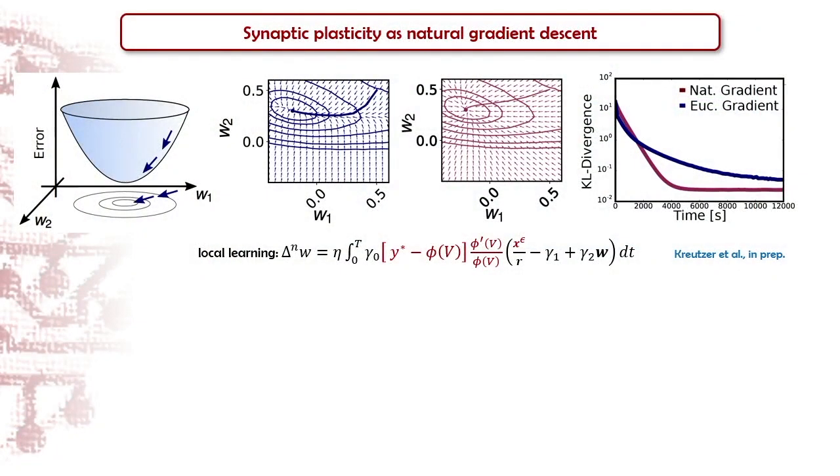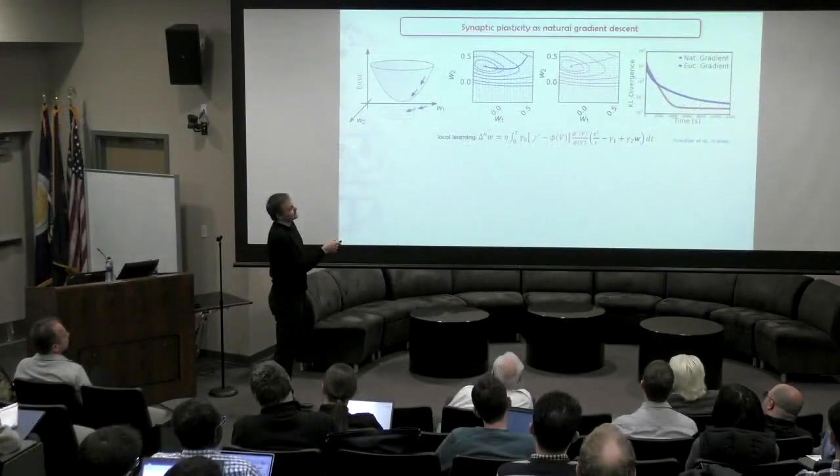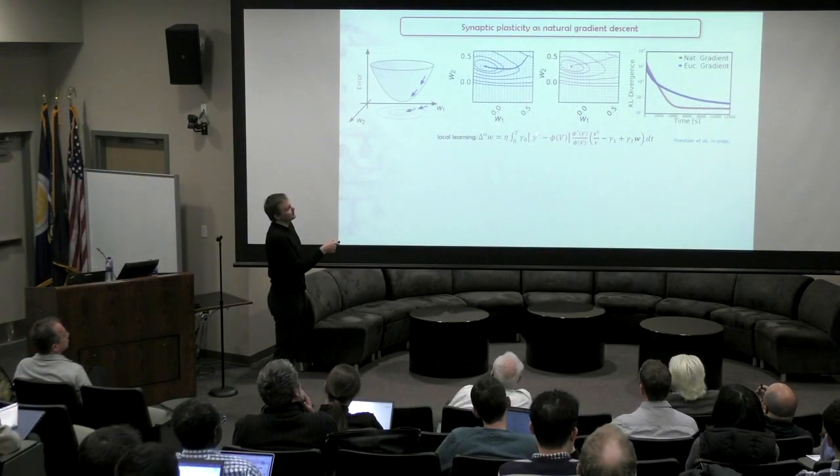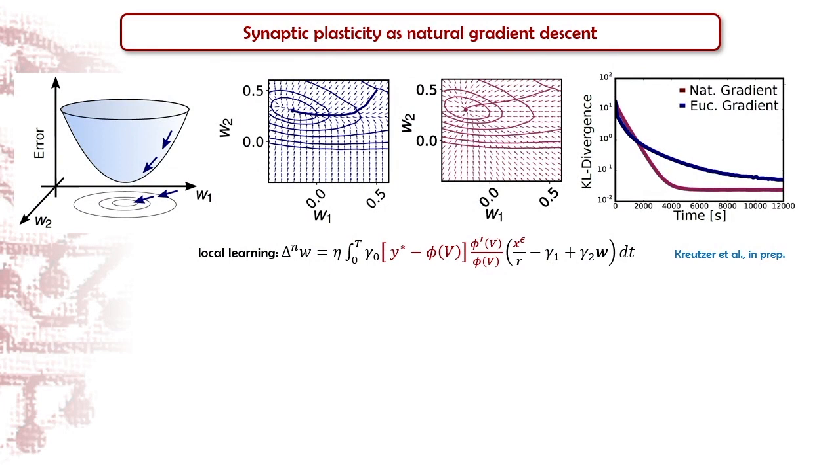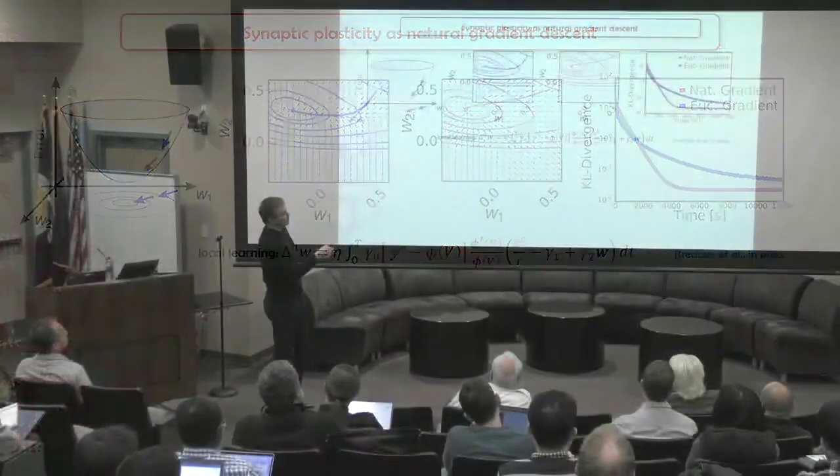What does this learning rule do? This term over here is the target of the neuron, what the teacher tells the neuron to do, minus what the neuron actually does, minus its membrane potential. This thing over here has something to do with the activation function of the neuron, and this is the presynaptic firing rate. So all the terms over here are purely local.